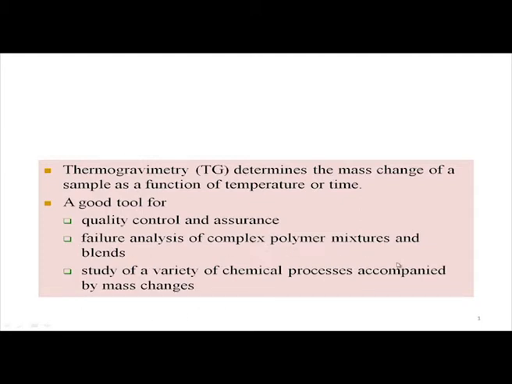So, if we have a polymer mixture and blends also. Just now I told you also that we can handle polymeric samples nicely with this particular technique.